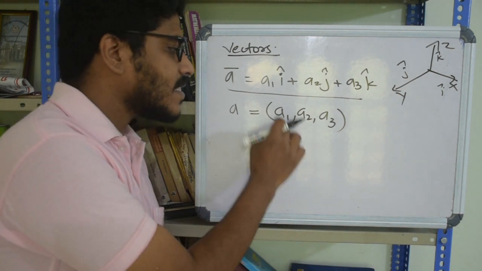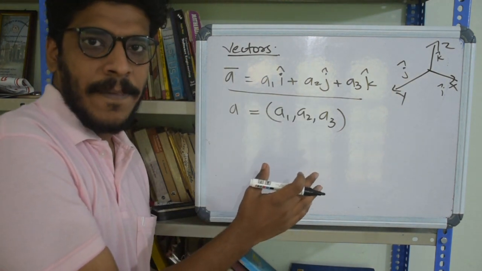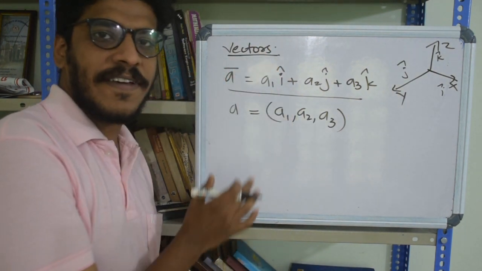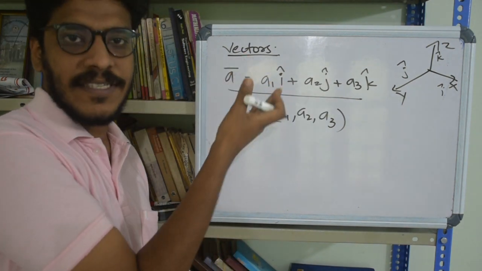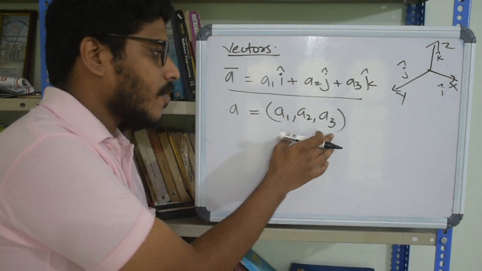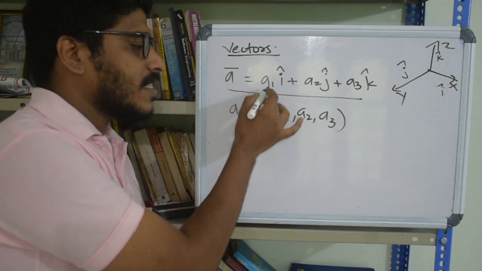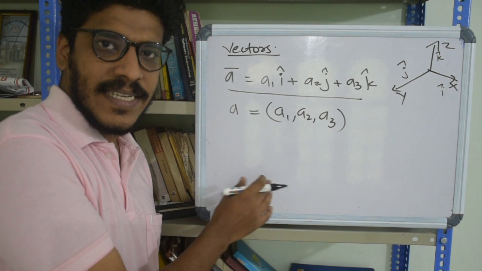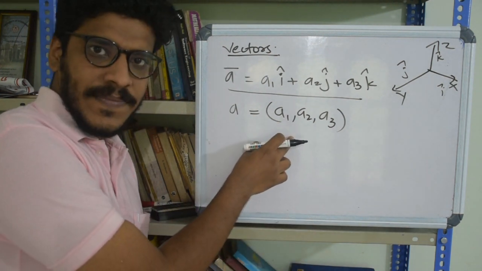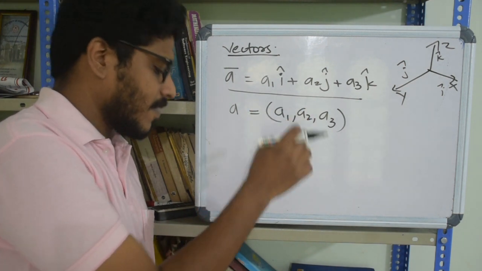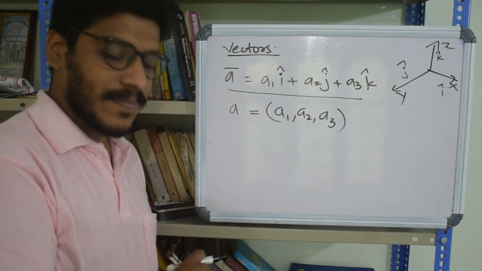You cannot write this as a2, a1 and a3. The order is fixed here, since if you change the order, the vector may change. Right. So take care of the order. The vector A, which is a1i plus a2j plus a3k, can also be represented as an ordered triplet with components a1, a2 and a3 in the same order.